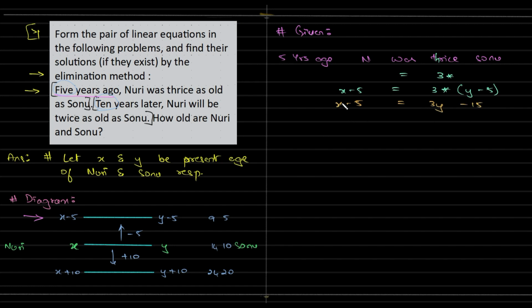Now rearrange, transposing your minus 5 and minus 3y. So we have x minus 3y is equal to plus 5 minus 15, which is minus 10. It's better to do it fast. It's not actually skipping steps, it is about doing it fast.